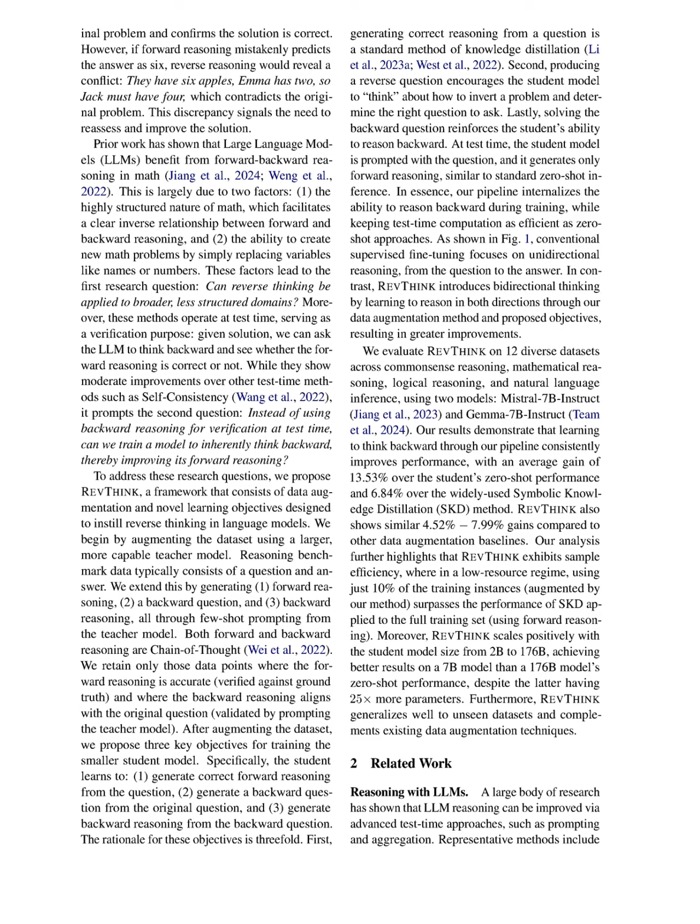The effectiveness of REVTHINK is validated through a comprehensive experimental design that evaluates its performance across 12 diverse datasets, including common sense reasoning, mathematical reasoning, logical reasoning, and natural language inference.